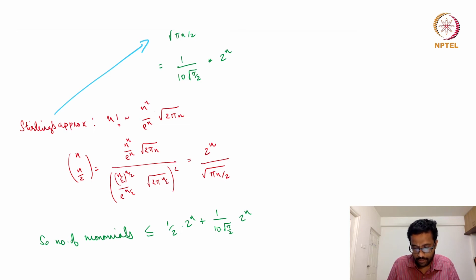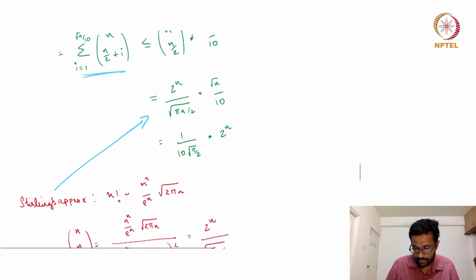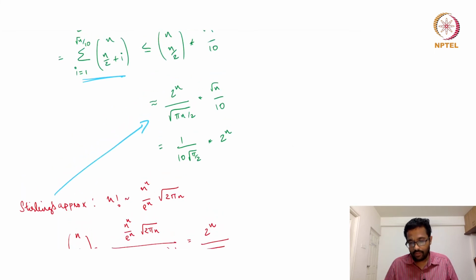So n choose n by 2, if you write n and n by 2 factorials in this form, you will get 2 power n divided by square root of pi n by 2, which is what I have replaced here. So you can cancel the square root n's, and what is left is 1 divided by 10 square root of pi by 2 multiplied by 2 power n. This is what we have.